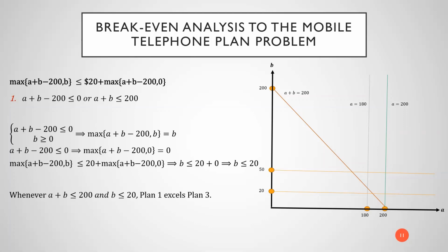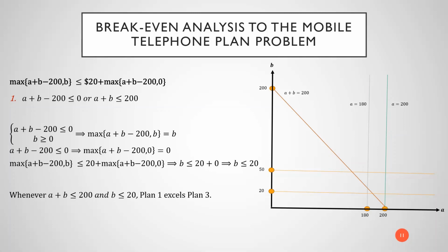So I can show it on the figure as well. We have the line A plus B equal to 200, and we should decide whether the right side or left side of this is related to A plus B less than or equal to 200. You can do it by making some examples. Let's say in which side the point 0 and 0 will be. Okay, just replace 0 and 0. Okay, it's correct.